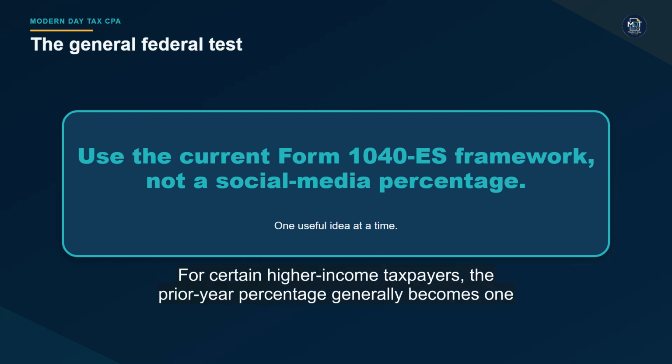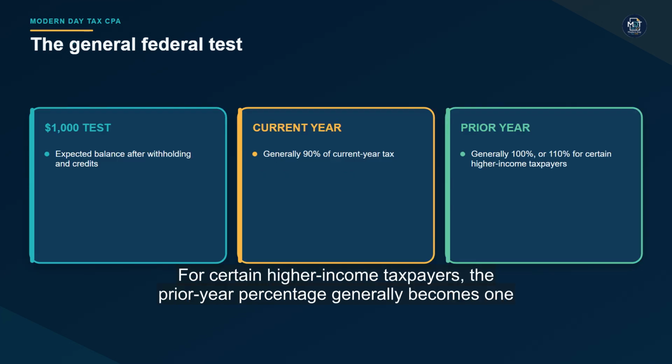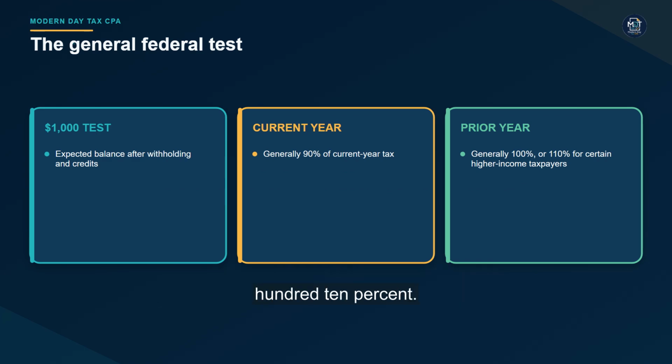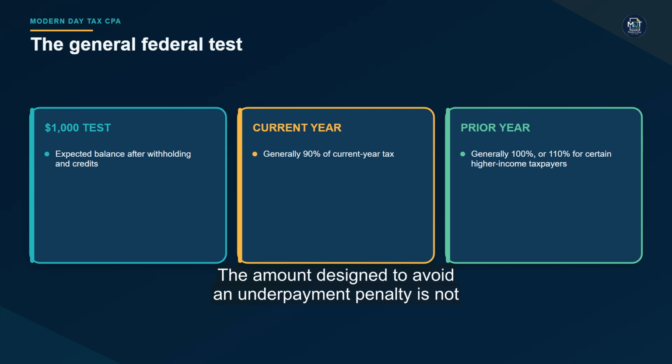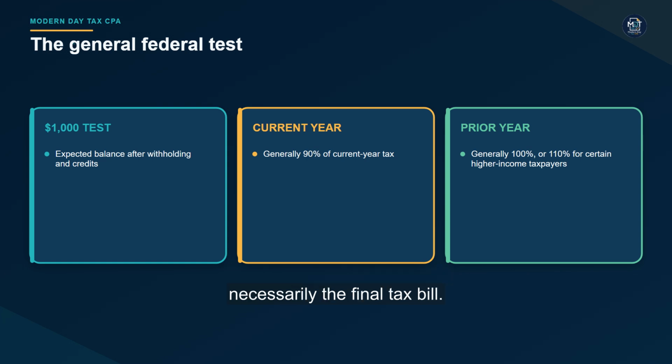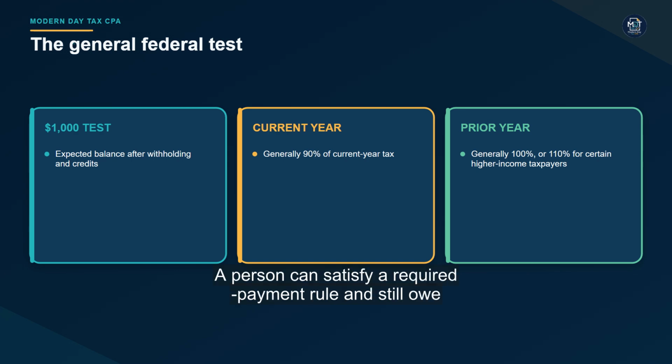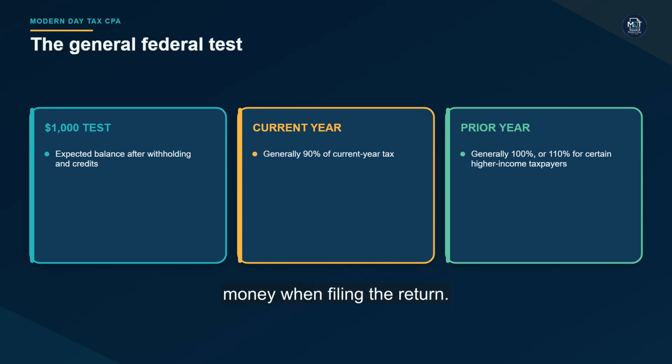For certain high income taxpayers, the prior year percentage generally becomes 110%. There are also special rules and exceptions, so use the current Form 1040-ES and instructions and Publication 505. The amount designed to avoid an underpayment penalty is not necessarily the final tax bill. A person can satisfy a required payment rule and still owe money when filing the return.